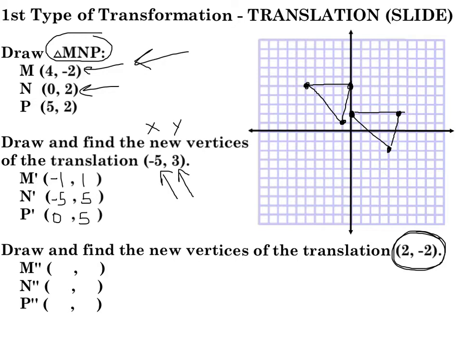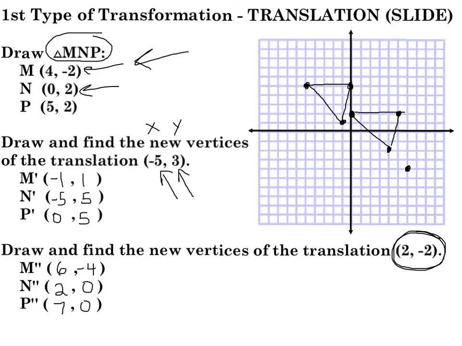Okay, let's see how you did. So our new points, point M would be at 6, -4. Point N would be at 2, 0. And point P would be at 7, 0. Let's go ahead and graph them and see how that worked. We have 6, -4, which is right here.